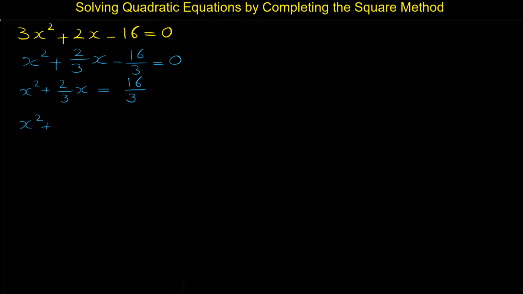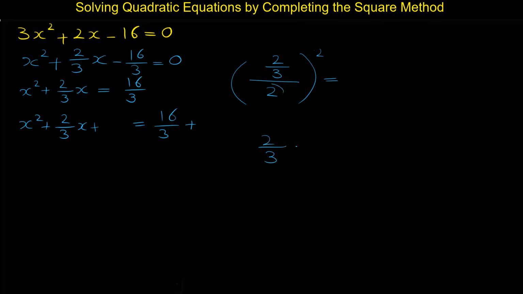Now we have to add a number to the left side and the right side of this equation. How do we find that number? As usual, we divide the coefficient of x, 2 over 3, by 2, and we square it. 2 over 3 divided by 2 is actually 2 over 3 times the reciprocal of the denominator, which is 1 over 2, which is 2 times 1, or 2. 3 times 2 is 6. 2 over 6 is 1 over 3.